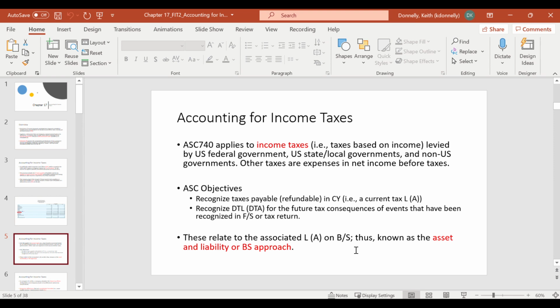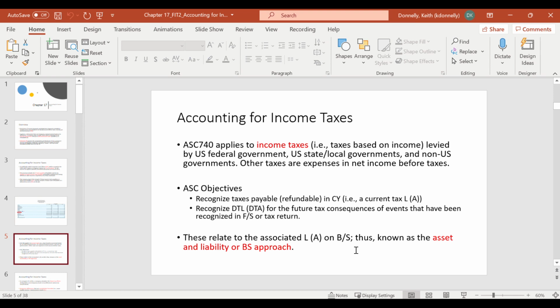Some of that tax expense we may recognize in the current year, right? Other amounts of that tax expense, we're going to recognize in later years. The reason being is there may have been a temporary difference that's going to reverse over time. So we're going to have a difference between our book and our tax.